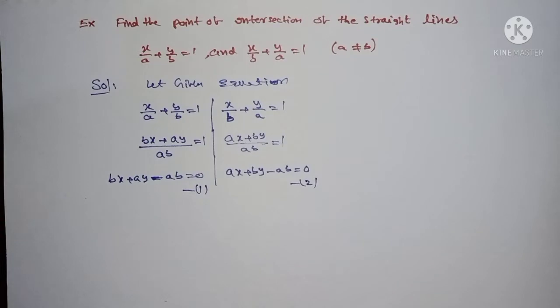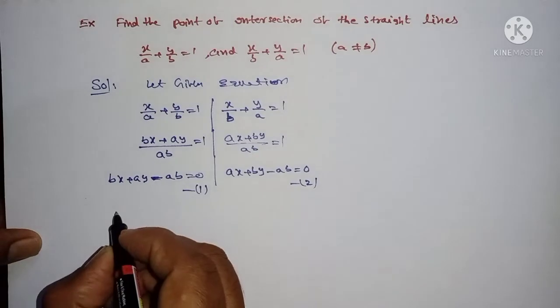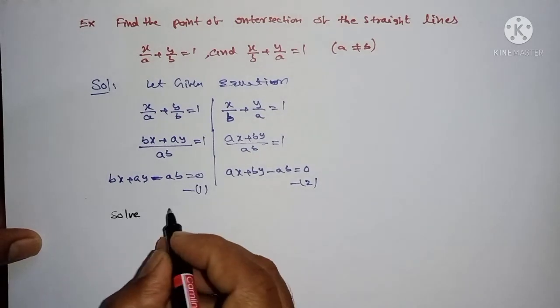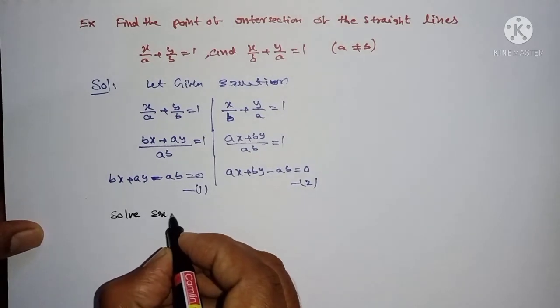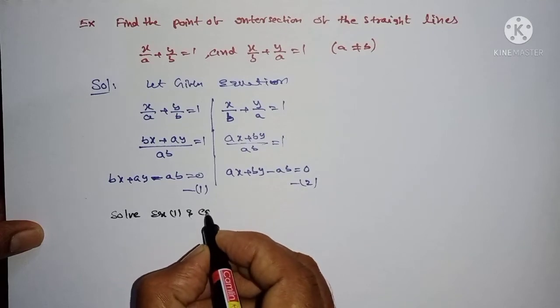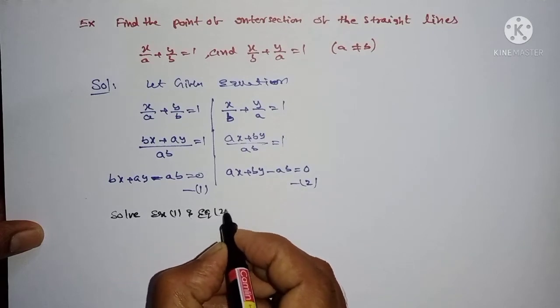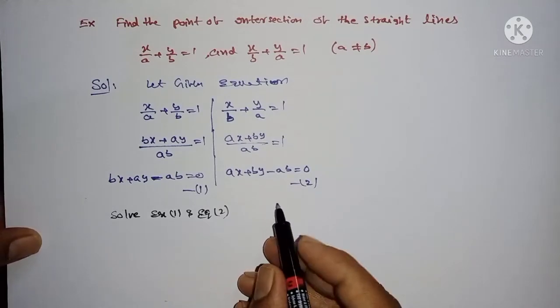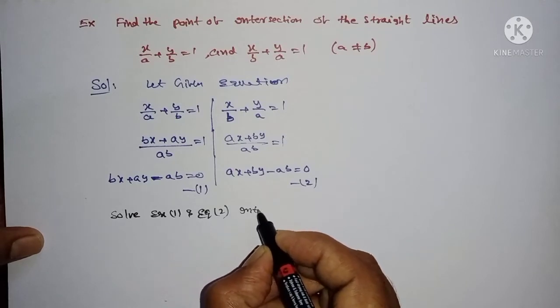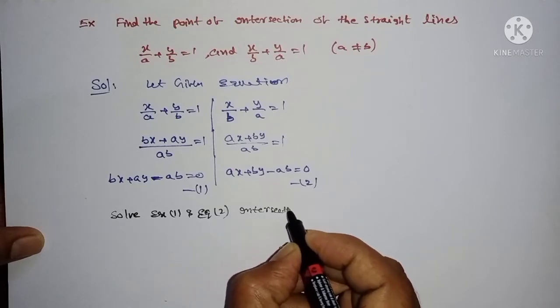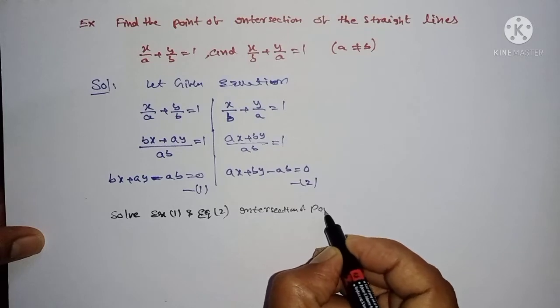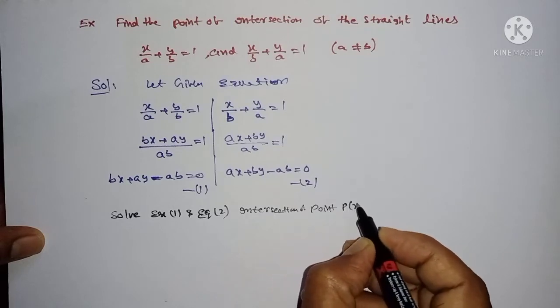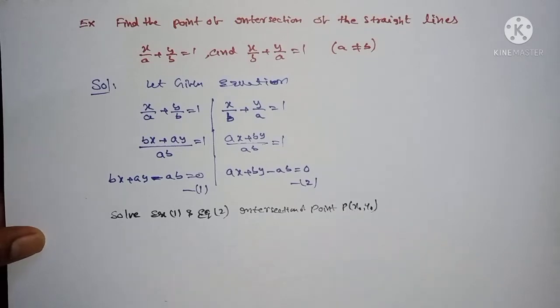Next, what you have to do here is solve these two equations, equation 1 and equation 2. Let the point of intersection be P(x naught, y naught).